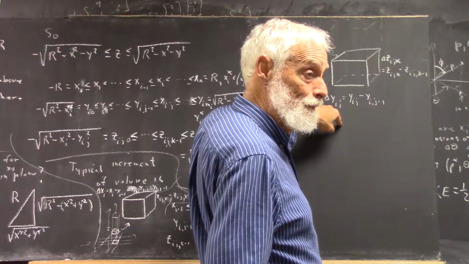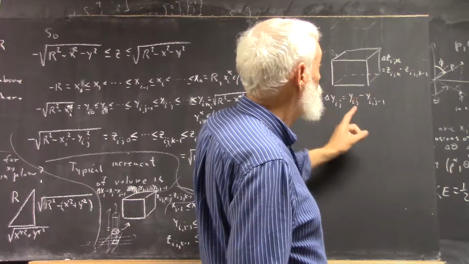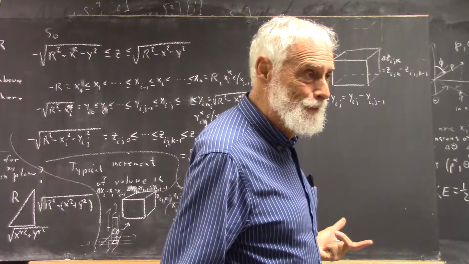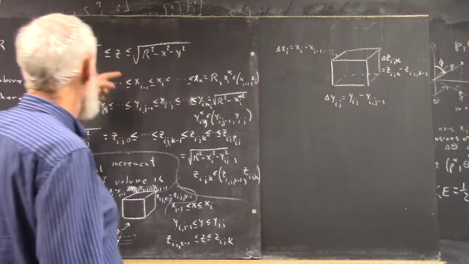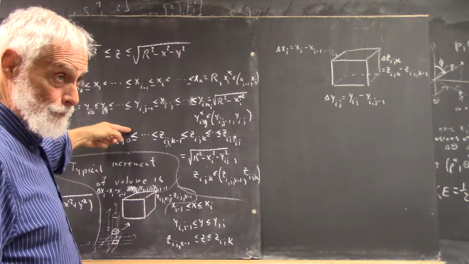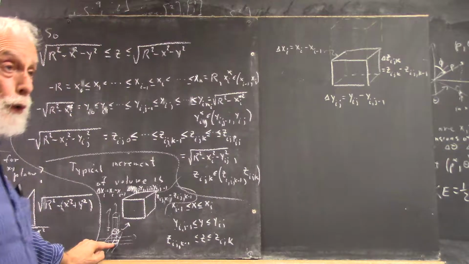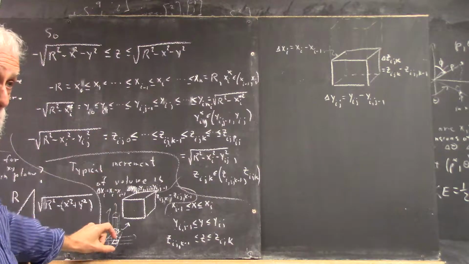Assuming the same i and j. Well, if it's directly above, you've got the same i and j. You've already partitioned your x and your y. So that partition determines where you are here and what you're above, right?